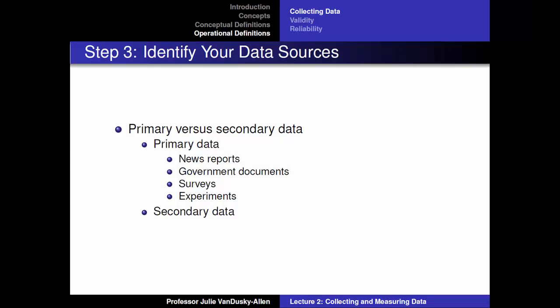If we wanted to collect primary data, we could use information from news reports, government documents, surveys, or experiments. There are lots of places we can collect data from. Of course, there are a ton of political science-related data sets out there that other scholars have already created, so often it is just easier to use data other people have created instead of creating our own.